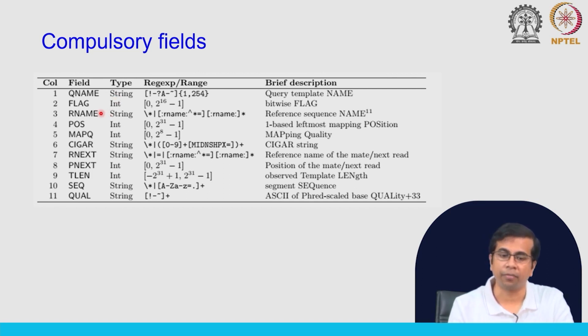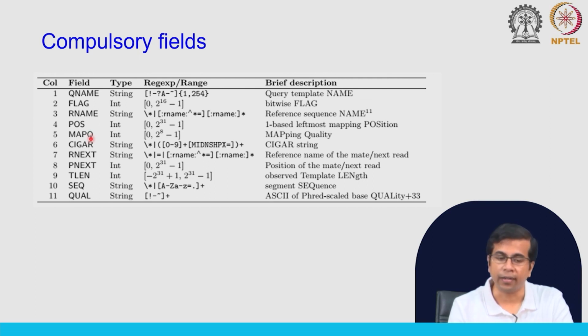You have something called RNAME, which is again a string. This is the reference sequence name. It could be a genome or chromosome number, ID, or name. Then you have the fourth field, which is POS. This is an integer, and again we are following the one based positioning system, and this is the leftmost position. We have discussed this.